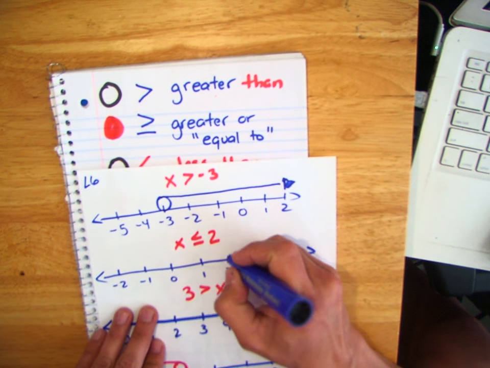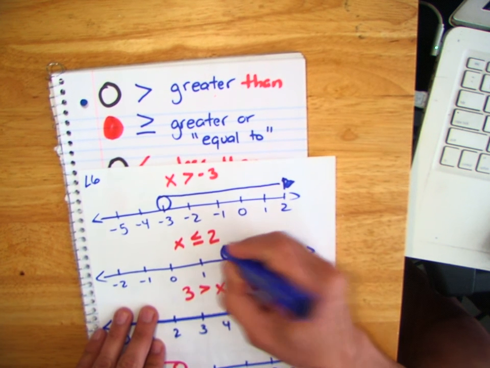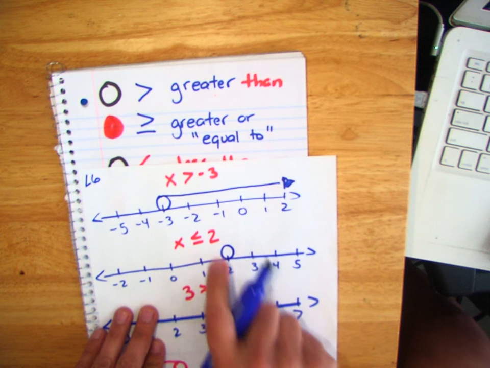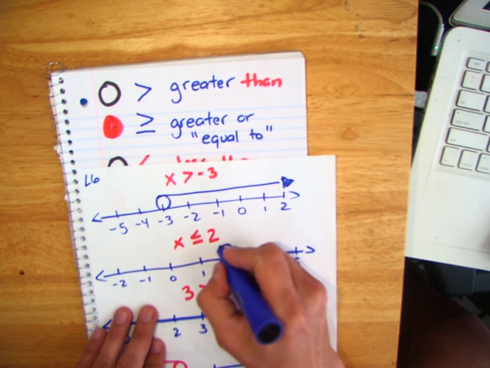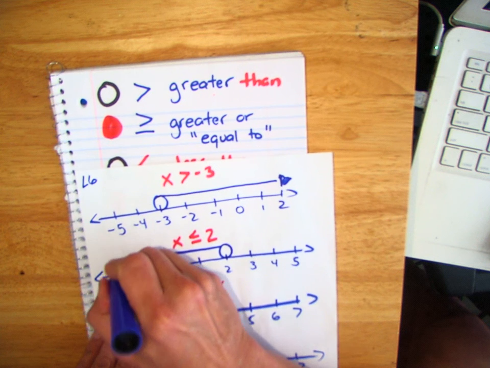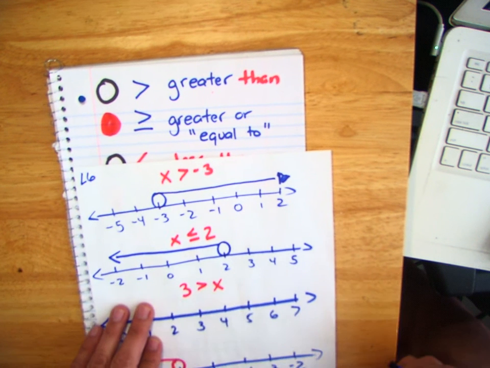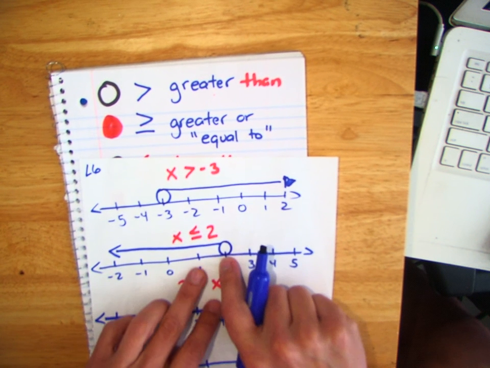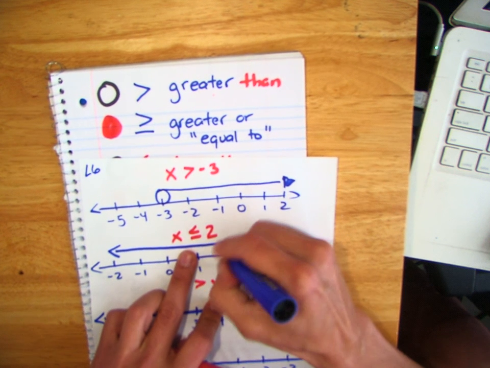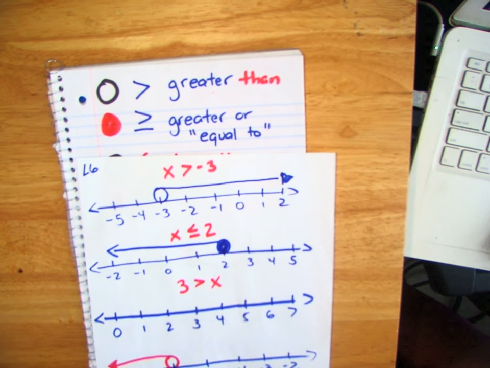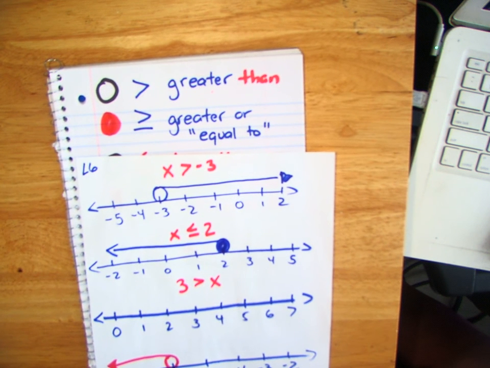Where's 2? Right here. So I want it to go less. So yeah, 1 is less than 2. So I'm going to go to the left. But am I going to shade it in? Yeah, because there's that little equal sign right there. So you got it? So far, so good?